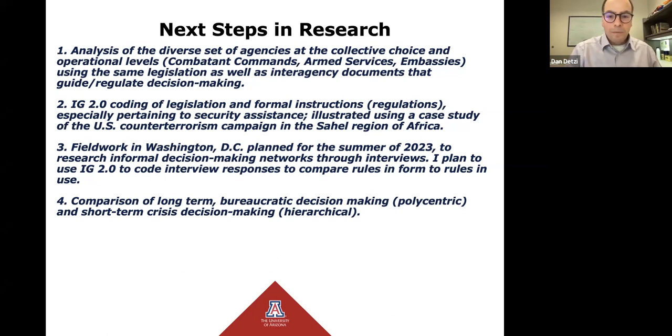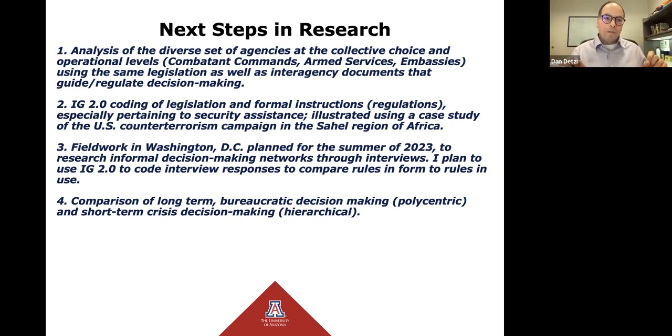And then to close up here, in the long run, this research is comparing these long-term bureaucratic decision-making processes versus short-term crisis decision-making. One I see as polycentric. It's in the bureaucracy.